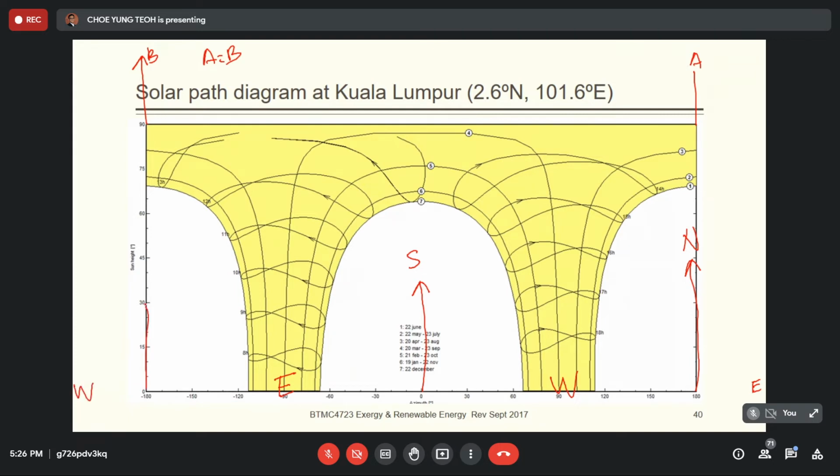So this direction is north. Okay, so it means that in line 4, 5, 6, 7, the sun passed through the south of Kuala Lumpur. For line 1, 2, 3, the sun passed through the north of Kuala Lumpur. This is the first thing that we can see from here.